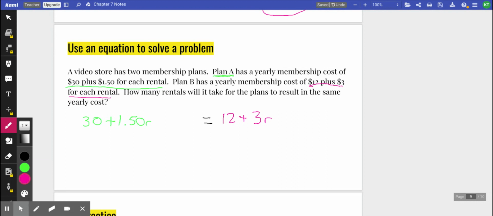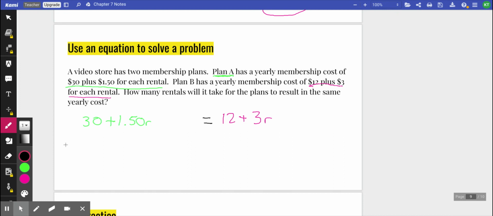So I can see that if I don't rent any movies, plan A is going to cost me $30 and plan B is going to cost me $12. If I have 0 rentals, it's whatever the yearly membership is. But then each time I rent a movie, they're getting closer to the same price because this costs more to rent.